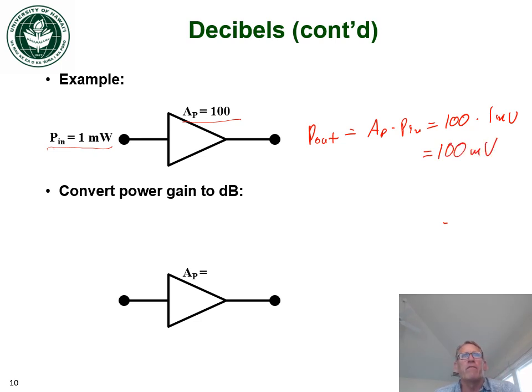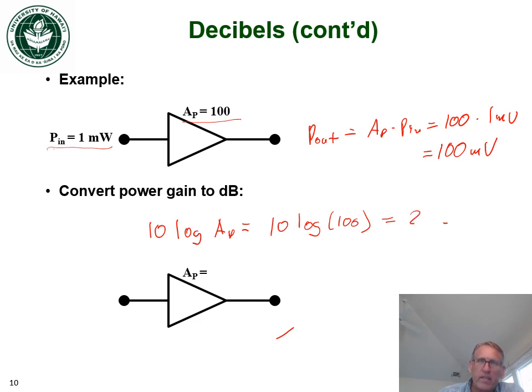We can convert this to dB, and we'd say that our power gain is 10 log of AP, which would be 10 log of 100, which would be 20 dB of power gain.